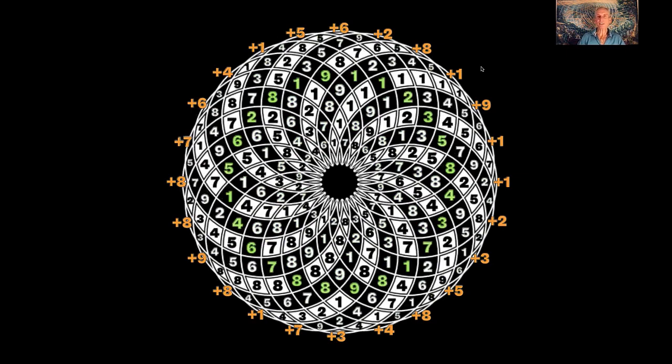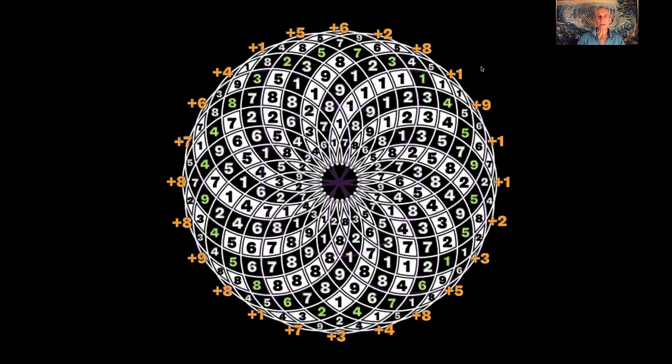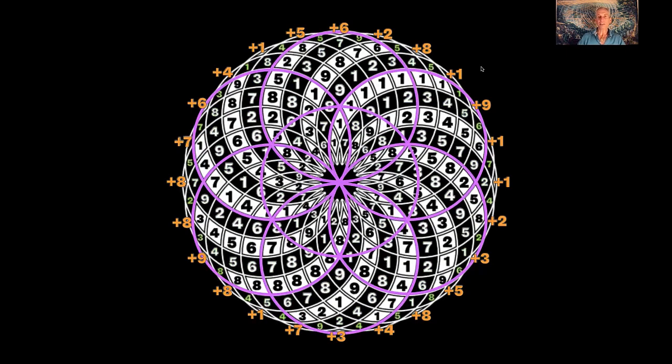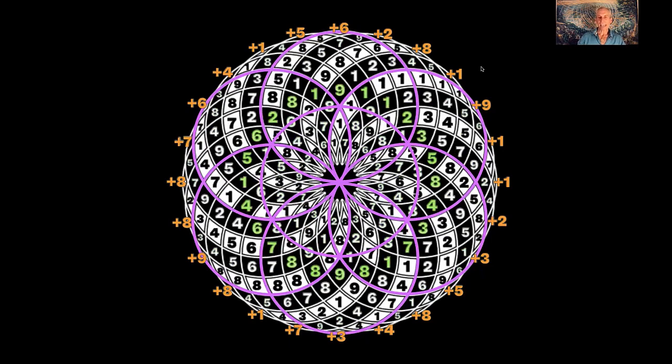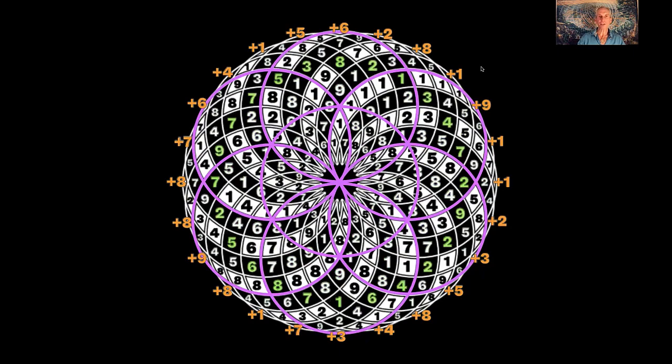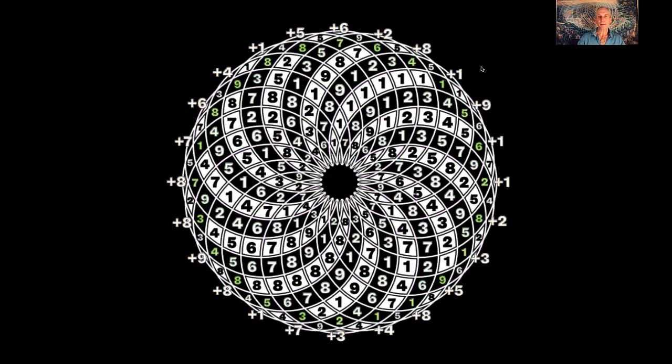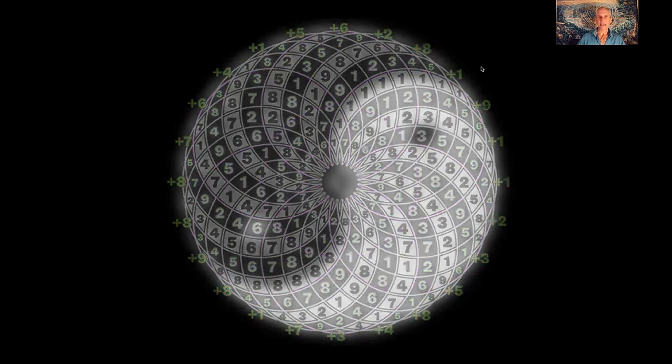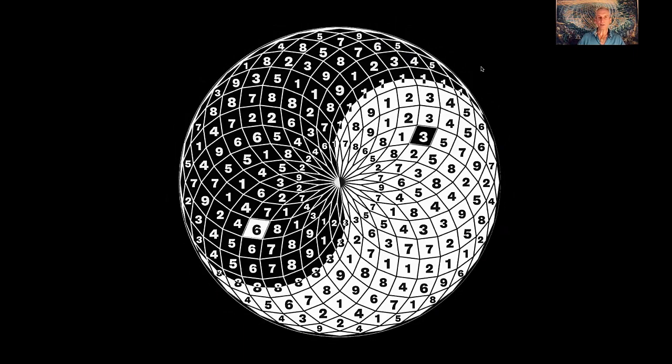Okay, so back to the animation. Now what I just want to show you is the seed of life comes out of this. And another sacred geometry figure, which is one of my favorites, the yin and yang symbol.